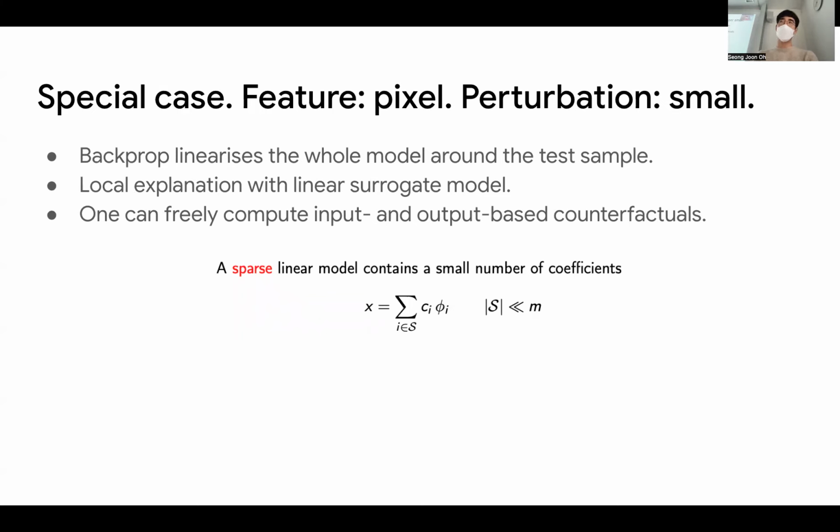So this is called local explanation, right? You only care about explaining around this single test input. And you can say you're introducing some sort of linear surrogate model instead of the original function, because now you're only looking at the linearized model on top of this model.